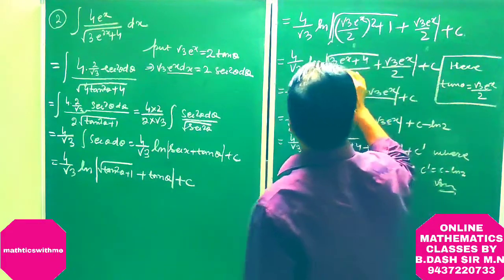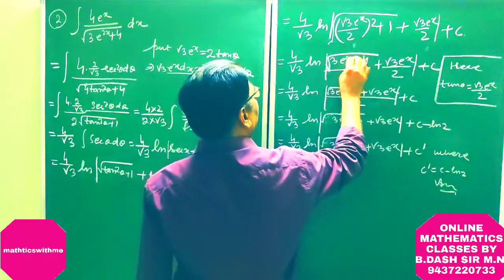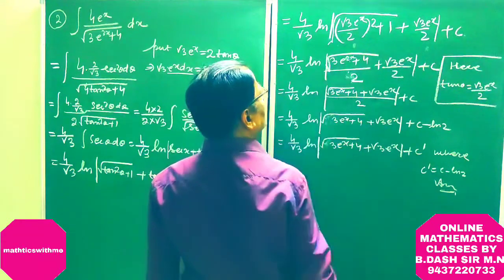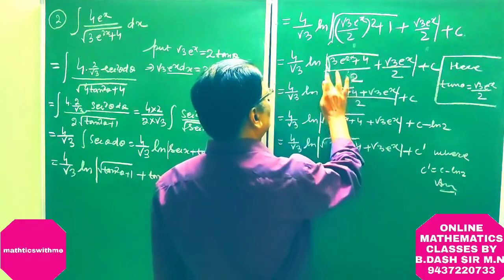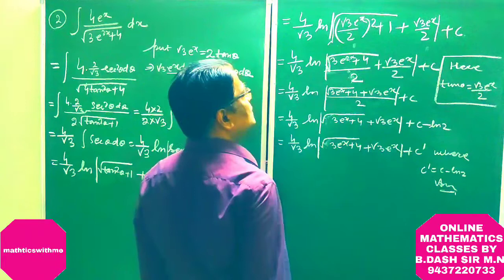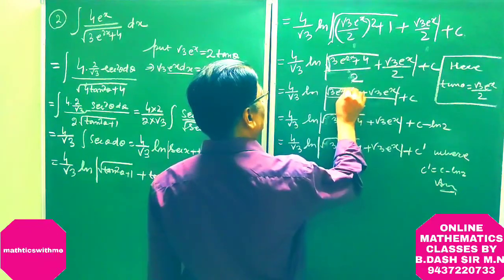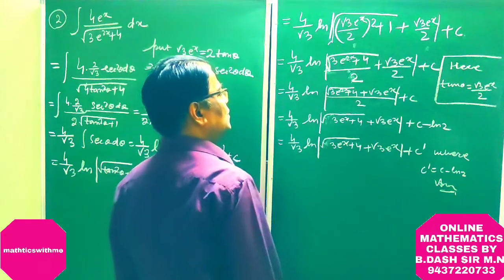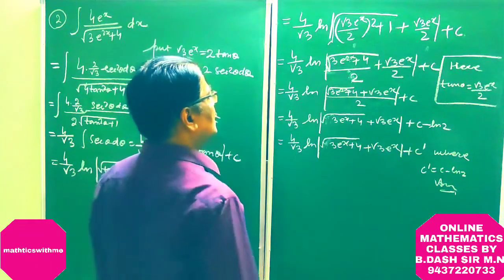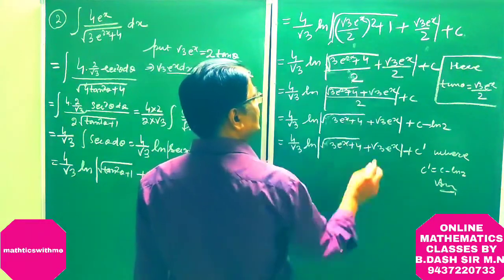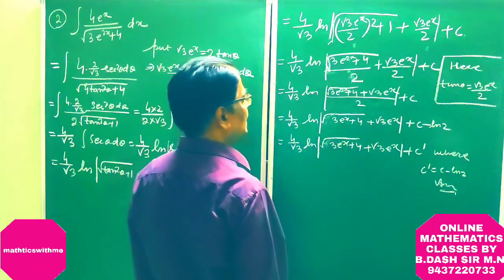So this is equal to (3 e to the power 2x plus 4) whole root over divided by 2 plus root 3 to the power x by 2. So this is (3 e to the power 2x plus 4) whole root over plus root 3 e to the power x by 2 plus c.